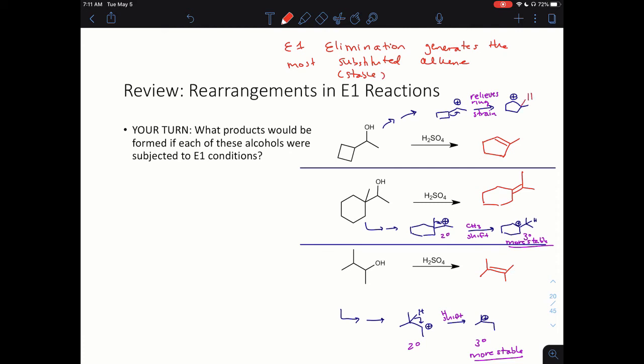So here there are two types of beta hydrogens. This one is eliminated to form this tri-substituted alkene. Elimination here would make a di-substituted one. Okay, same deal.